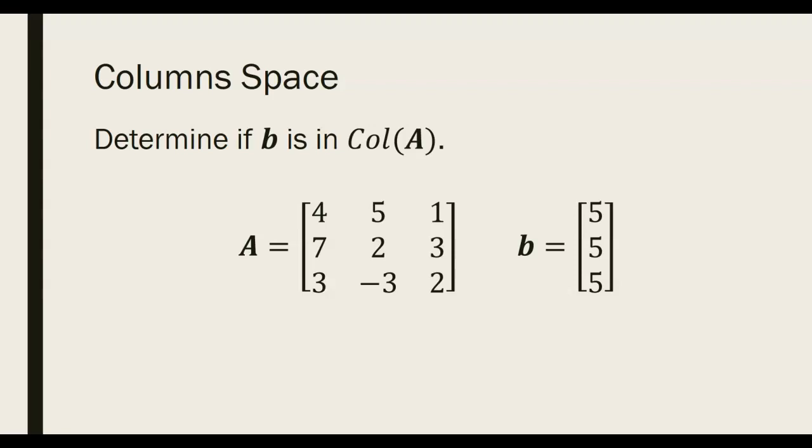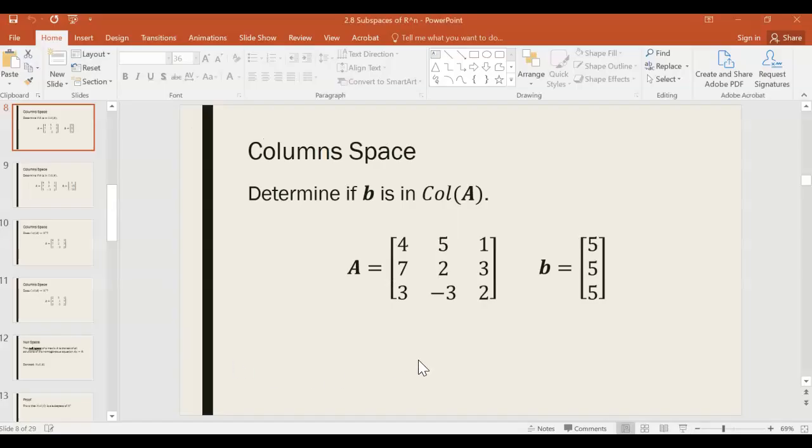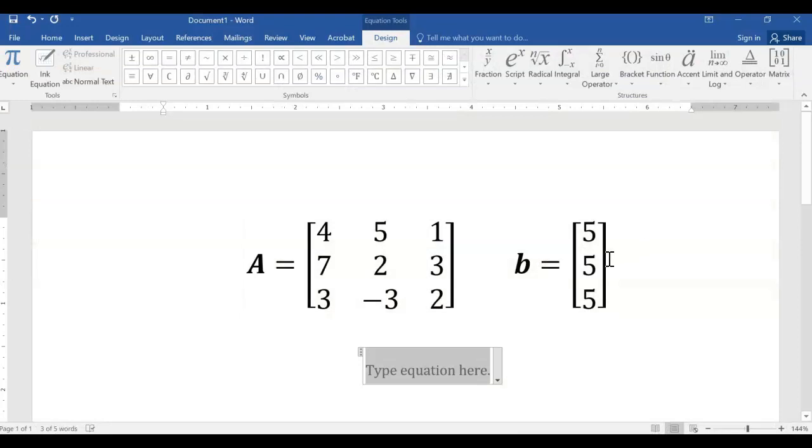If you've been paying close attention the last couple of chapters, if B is in the column space of A, then some linear combination of these vectors is going to have to add up to give me B. Another way of thinking about that is a matrix A multiplied times some arbitrary vector x set equal to B. So what we're asking essentially is, does Ax equal B have a solution?